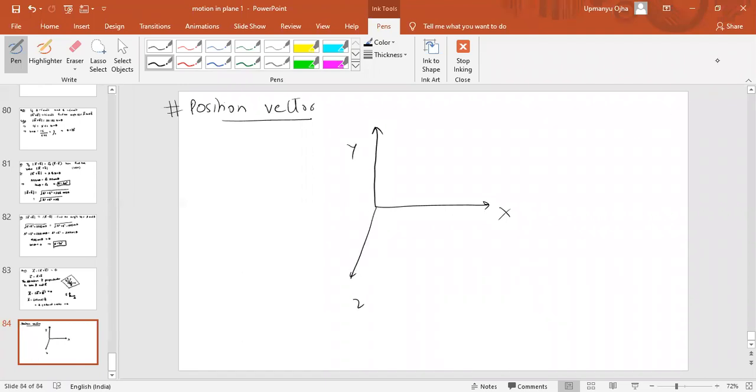Now if the object is in some space, like you take your pen and put it somewhere, then what is the position of the pen? That position will be represented by, say, P, whose coordinates will be x comma y comma z.